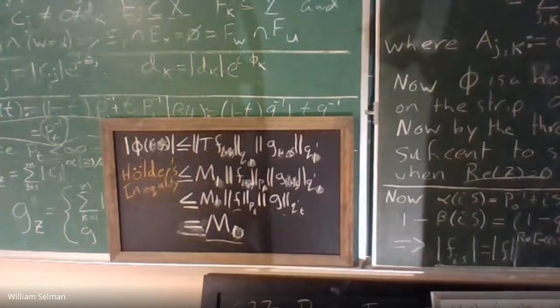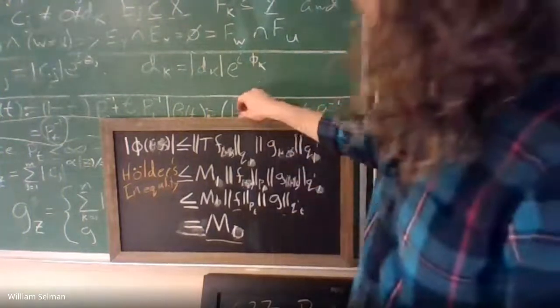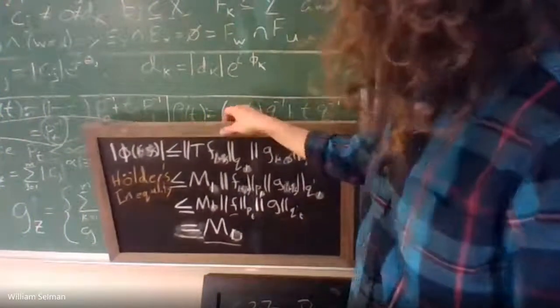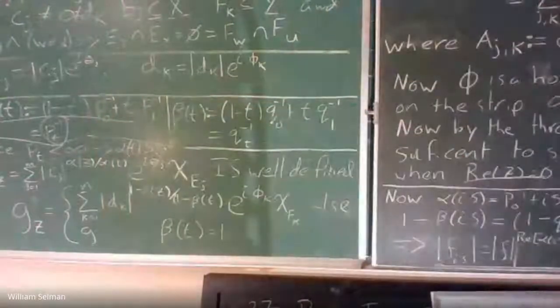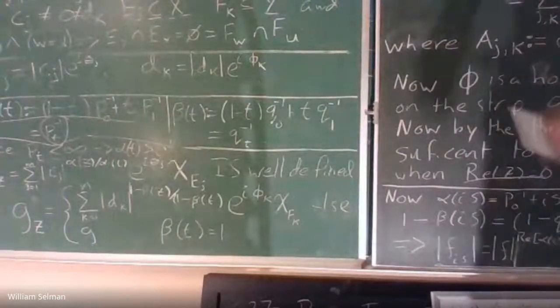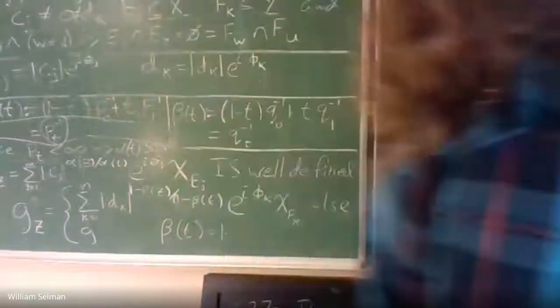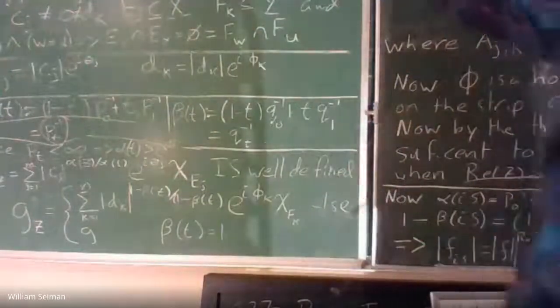So when z has a real value of 1, we have it bounded by M1, which means that we're allowed to apply the three lines lemma.